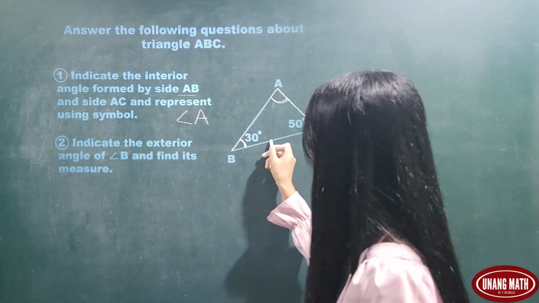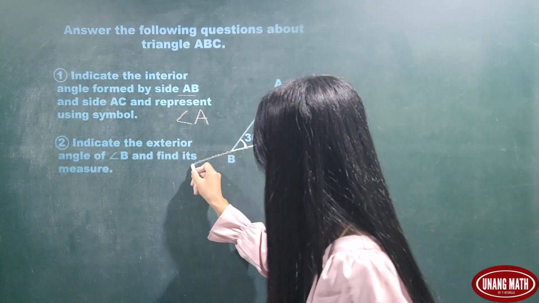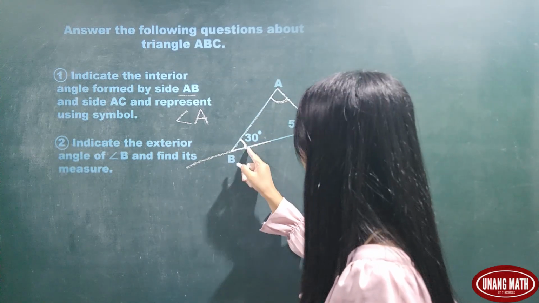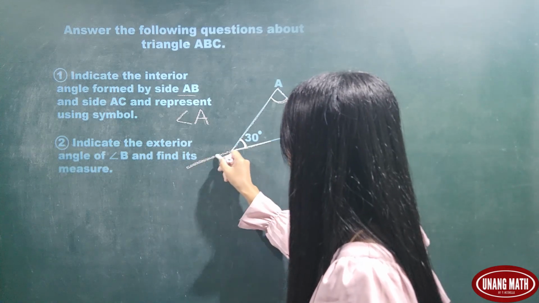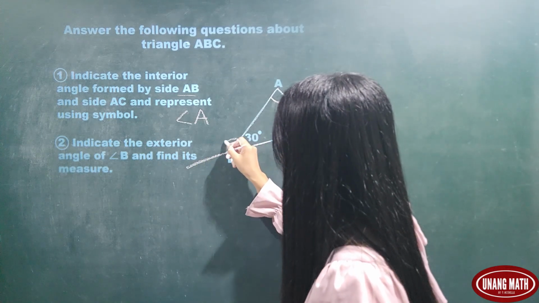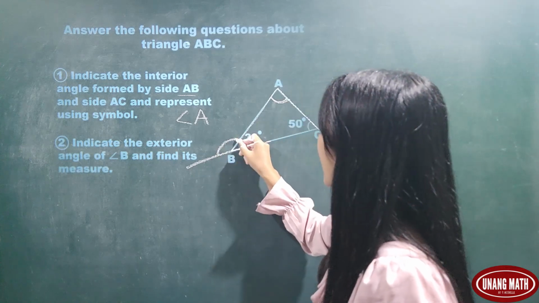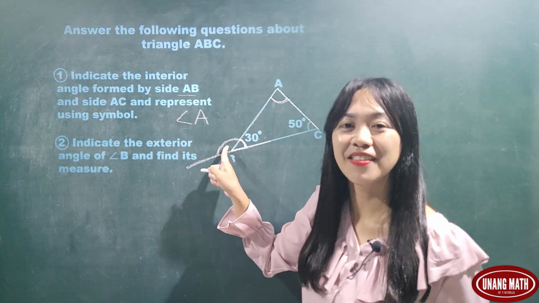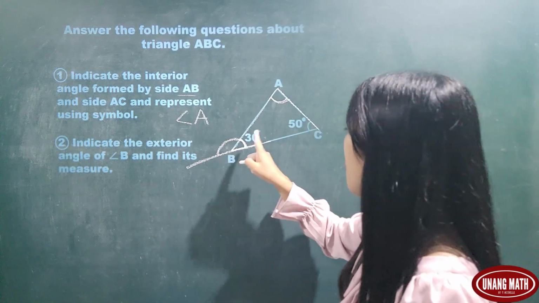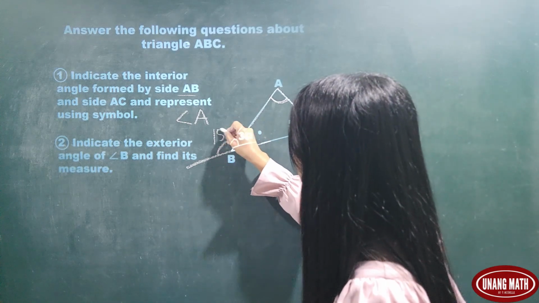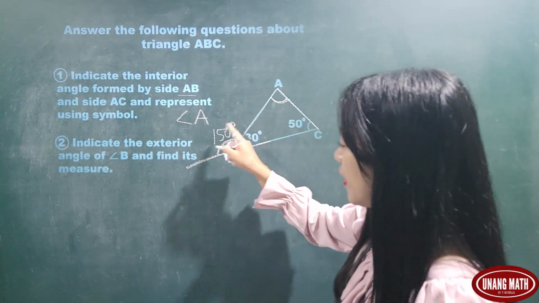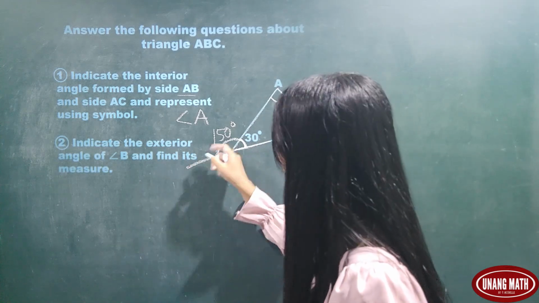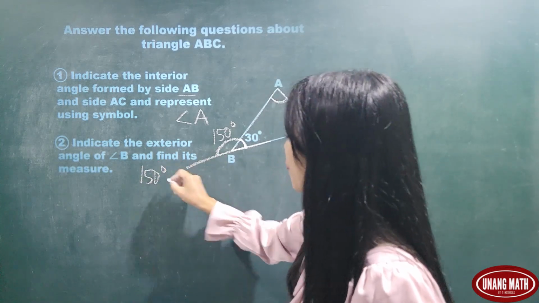If we extend this side, and this is our interior angle, that means this is our exterior angle. Interior angle plus exterior angle is equal to 180 degrees. So 180 minus 30, then that means this is 150 degrees. So this is the exterior angle of angle B, and its measure is 150 degrees.